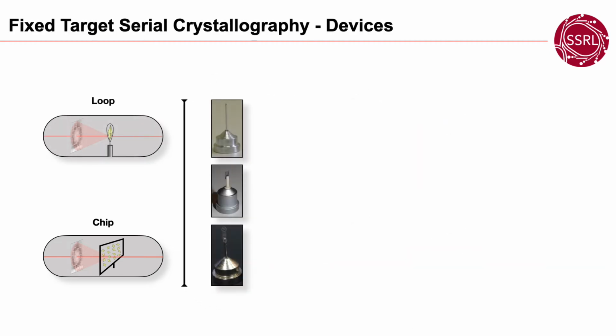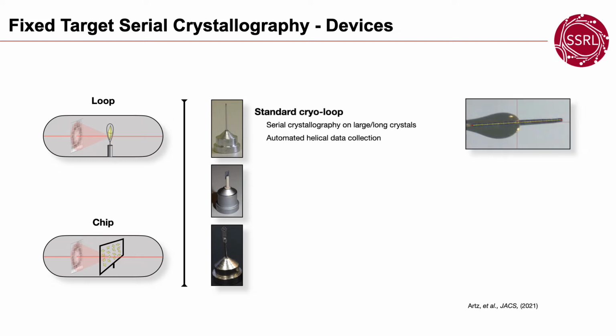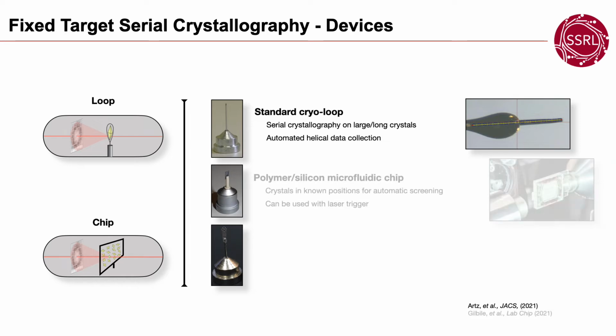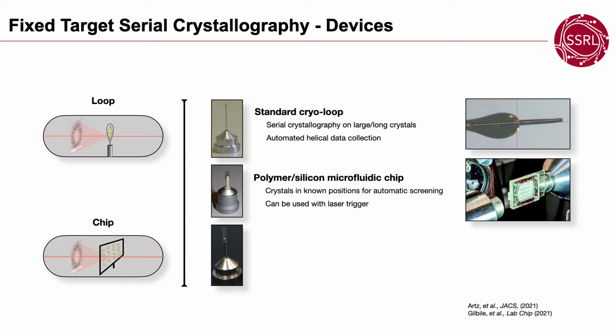Even though we support all kinds of fixed target devices, allow me to focus on the three most common. The standard cryoloop is good for serial crystallography on large and long crystals. The helical data collection at this stage of development is fully automated. The polymer or silicon microfluidic chips are designed to mobilize crystals in known positions for automated screening or to boost the success of rastering approaches.